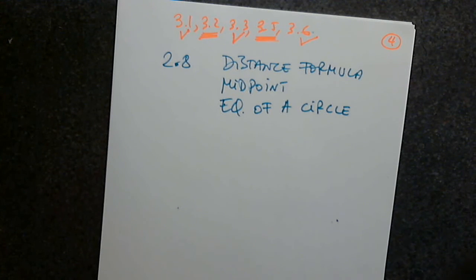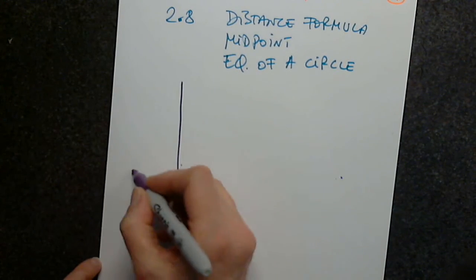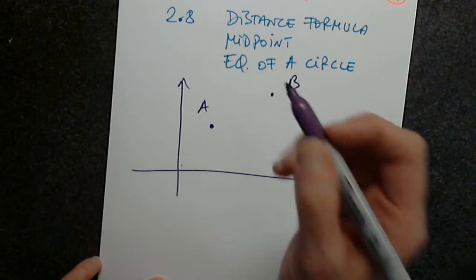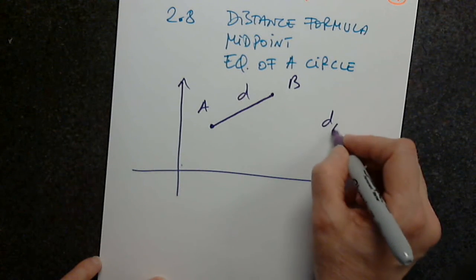So let's picture 2 points, and let's try to determine the distance between those two. Let's say I have point A and point B, and I want to determine the distance between A and B.